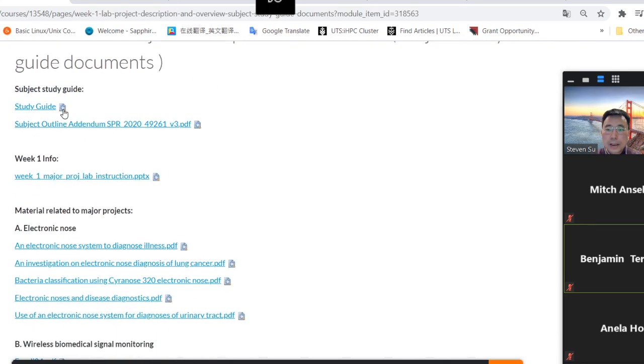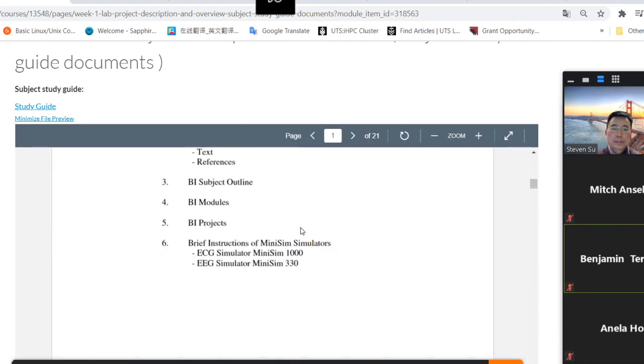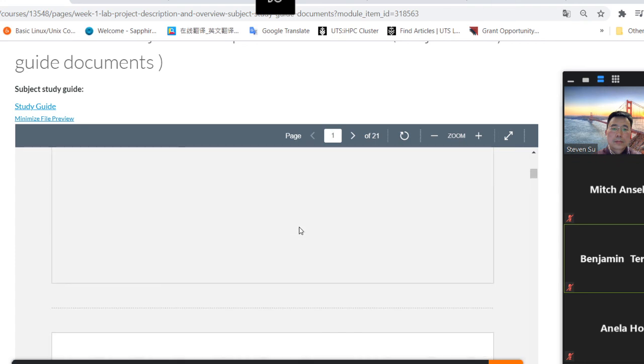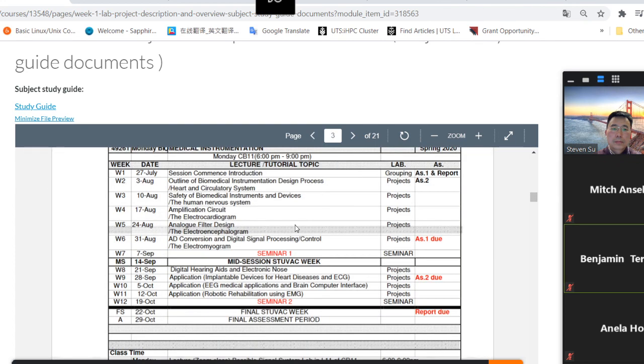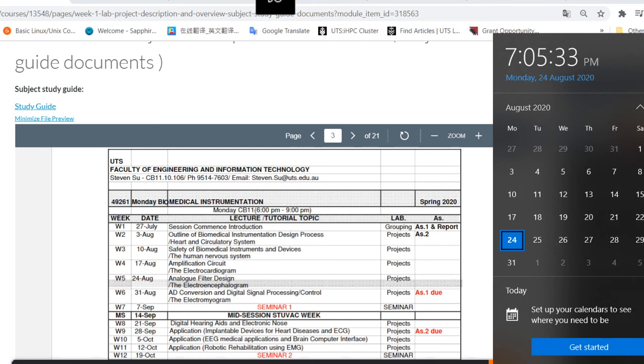Look at the study guide here, the second page. You can see assignment 1 is due on the 31st of August. It's next Monday.